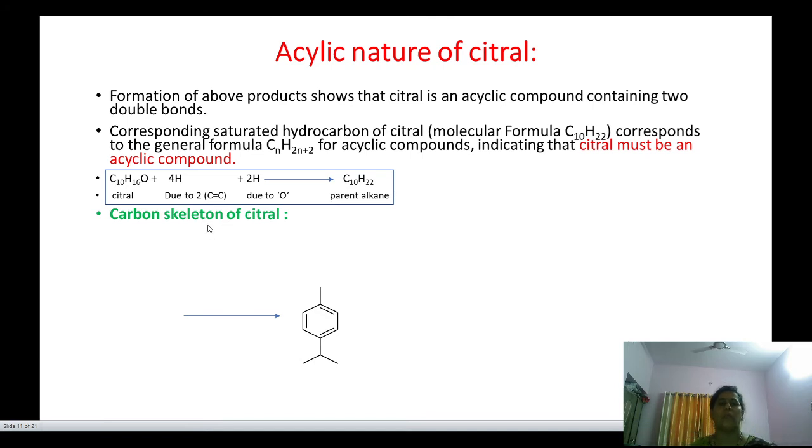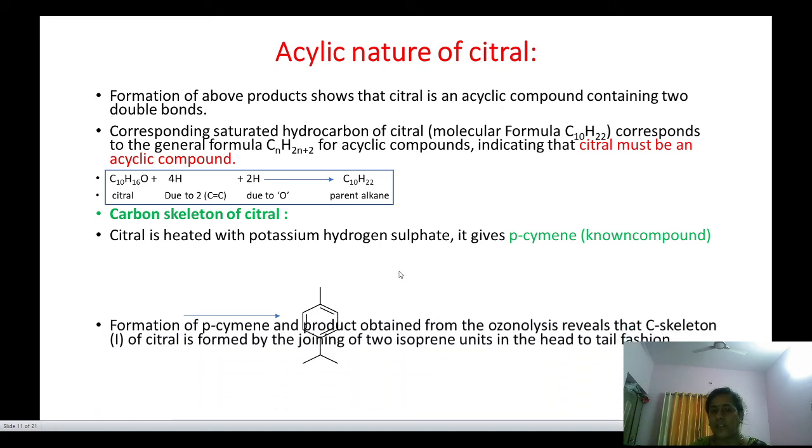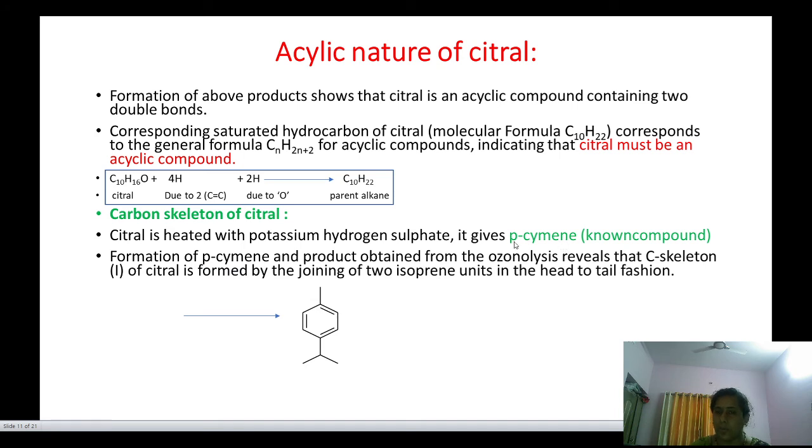Okay, now we have to see its carbon skeleton. What is the carbon skeleton? When citral is treated with potassium hydrogen sulfate, it gives a known compound called paracymene. This is the paracymene. The formation of paracymene also reveals that the carbon skeleton of citral is formed by joining of two isoprene units, that is, from head to tail.